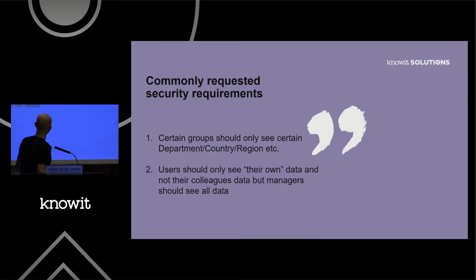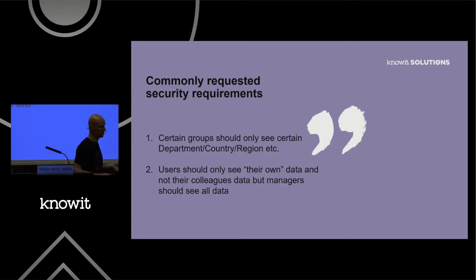The second one is that the users somehow should only see what we define as their own data, or at least some logic that tells us that this is my data and this is your data. So these users need to only be able to access their own data. But at the same time, we have other people that need to have access to their own data and other people's data.